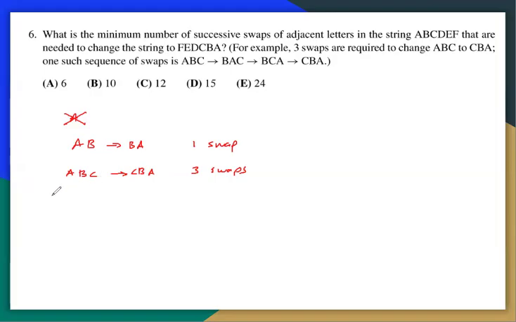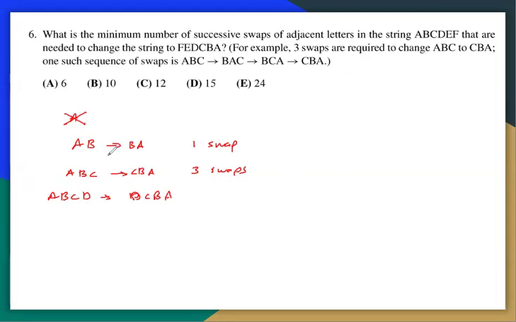So what I'm trying to say, if I have A, B, C, D, and then the goal is to get D, C, B, A, then we can make that 6 or even 10 letters, which is not a big deal.